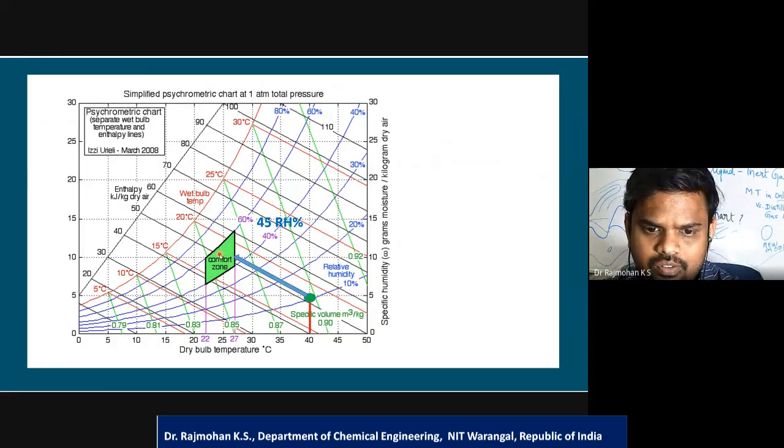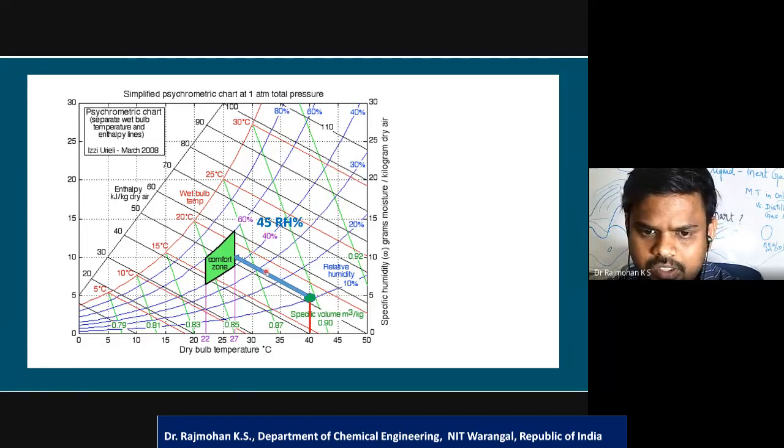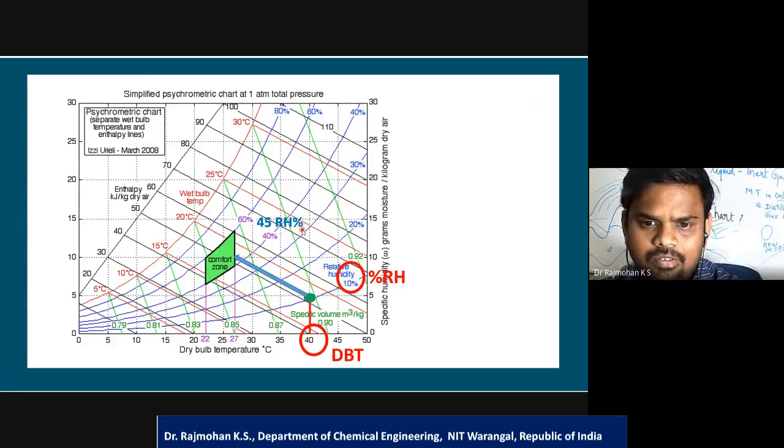To the comfort zone, if you look at a line parallel to this, you will have 45% RH. So for the given 10% relative humidity and dry bulb temperature of 40 degrees Celsius, if you draw a line parallel to the enthalpy line from the given point to the comfort zone, we get 45% relative humidity as the answer for the first part.